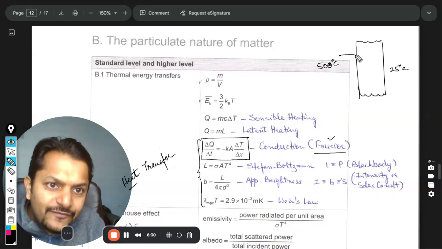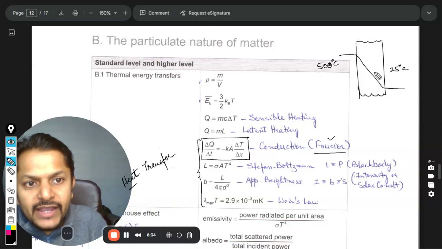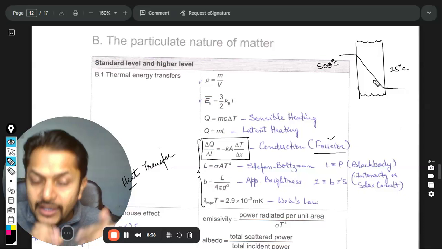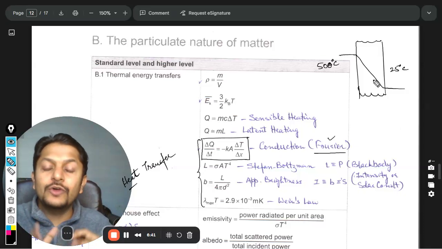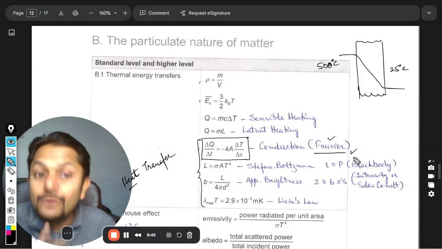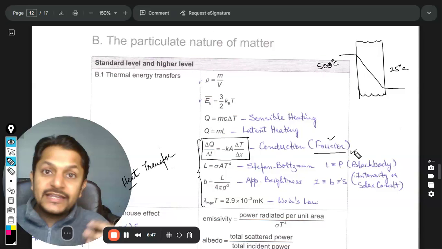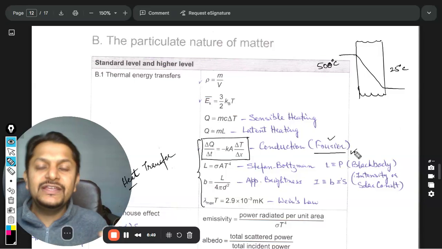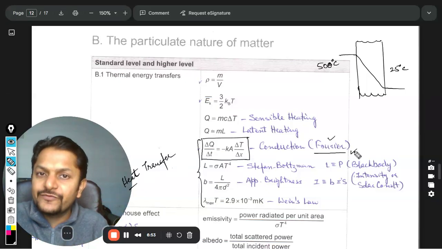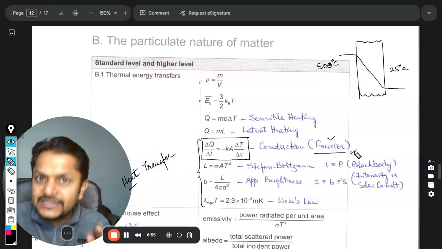So the heat will be getting transferred like this. So it is always having a linear variation. That is why I have drawn this. I have discussed this thing also in complete details in my lectures. This thing is completely new for your syllabus, and it has not been covered extensively in the new books. But I have given you complete details for this. So do not forget to watch this lecture at least.